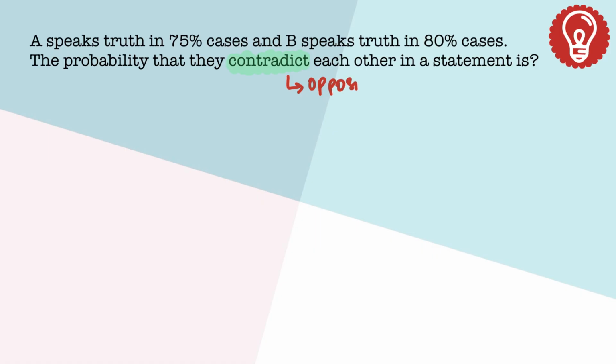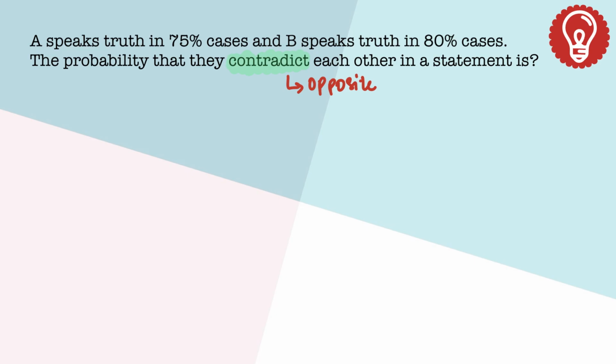Opposite. We want A and B to be opposite in terms of speaking truth and lying. So if they have to contradict each other, which means they should not be the same: both of them should not be speaking truth, or both of them should not lie, right? We want them to be opposite.